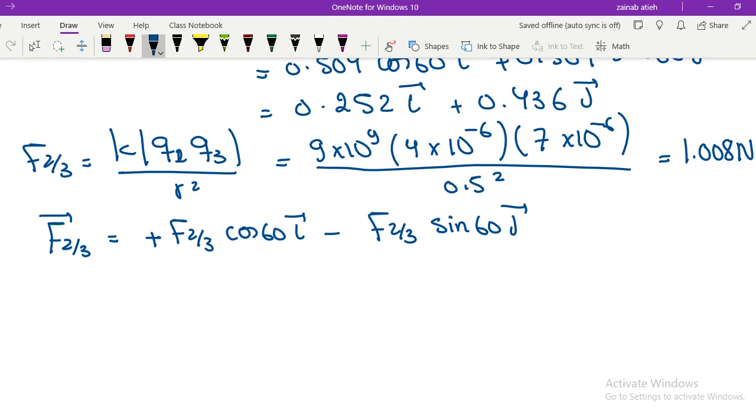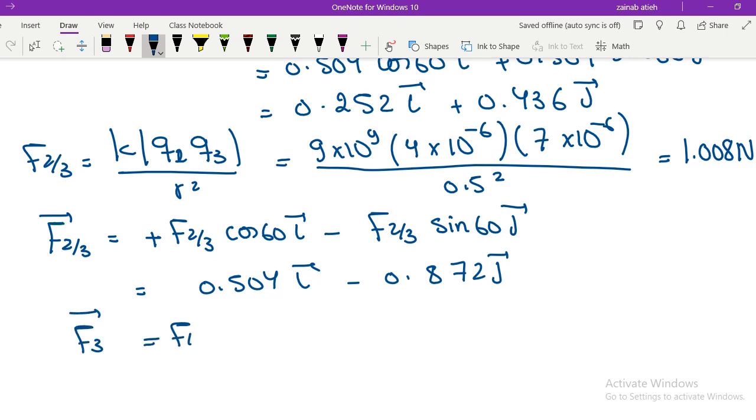Calculating this, you will get 0.504 i minus 0.872 j.